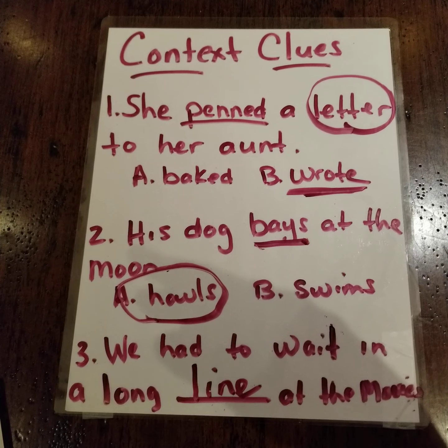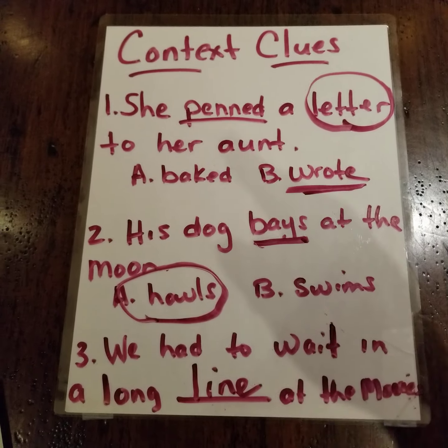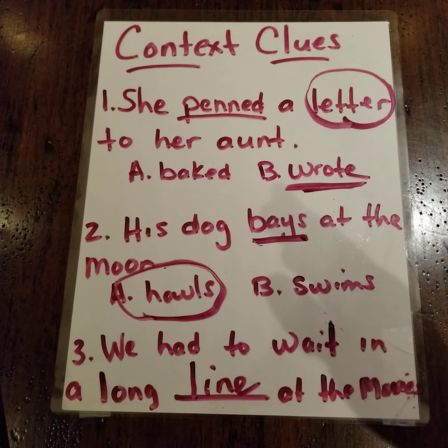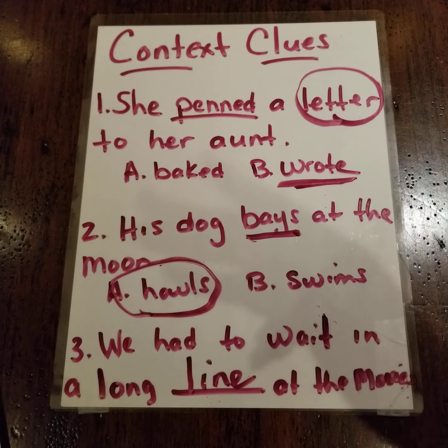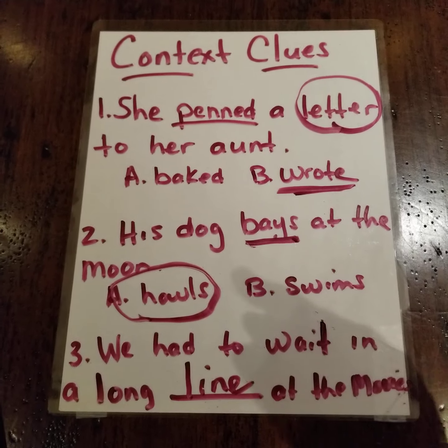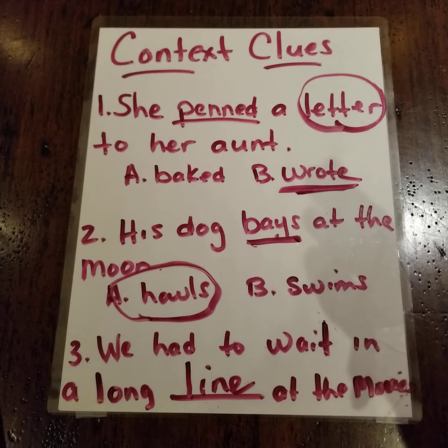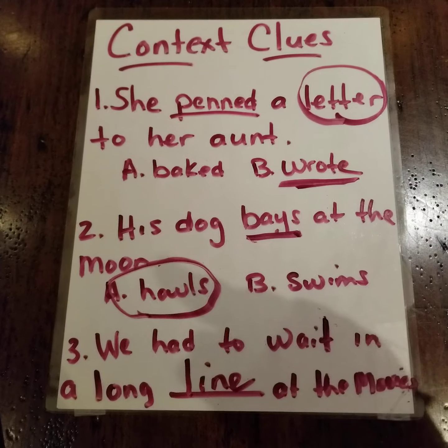And it does that because you look at the other words around it and think about what those other words are relating to, like the dog and the moon. And we knew that a dog doesn't swim to the moon, but he certainly may howl at a moon. And also when she penned a letter to her aunt, well, we don't bake letters, but we certainly write letters.